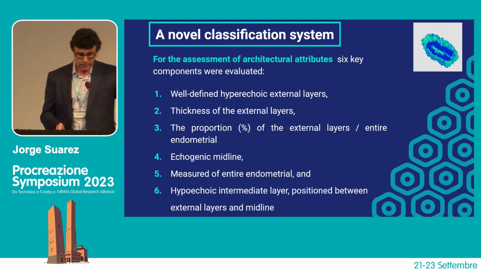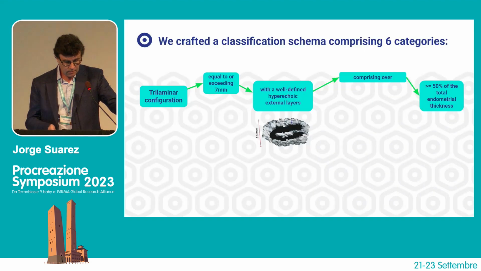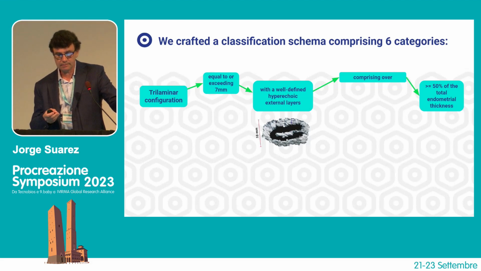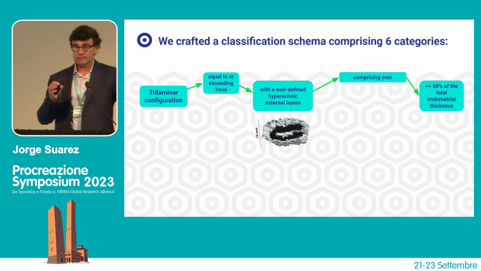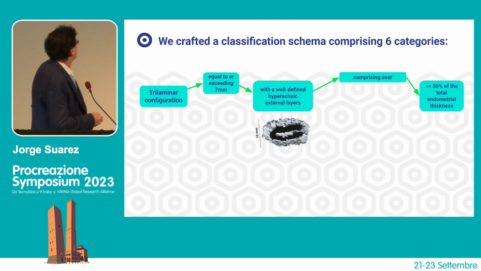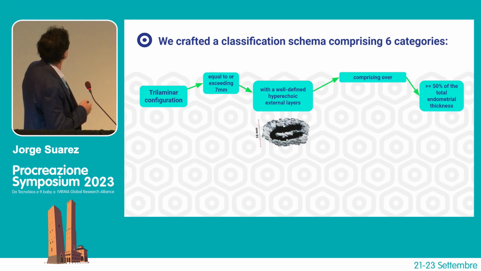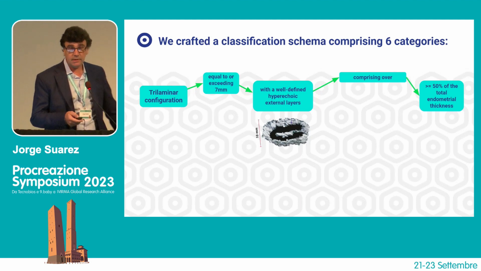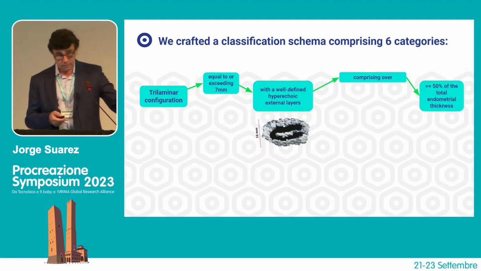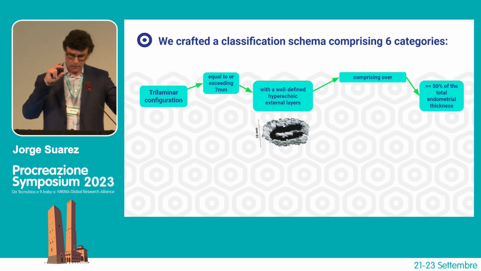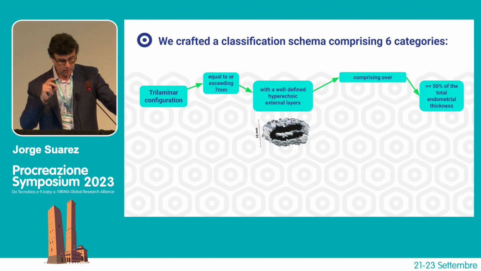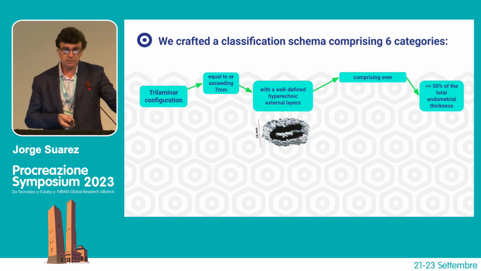These six key components allow us to craft a classification schema that comprises 6 categories. The first category is the trilaminar configuration, in which the entire endometrium is equal to or exceeds 7 millimeters. It's the first change in the literature.